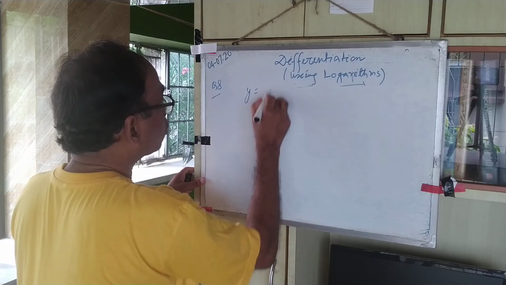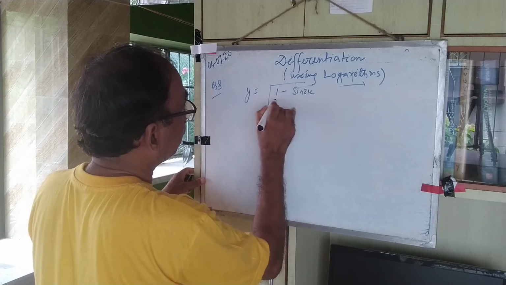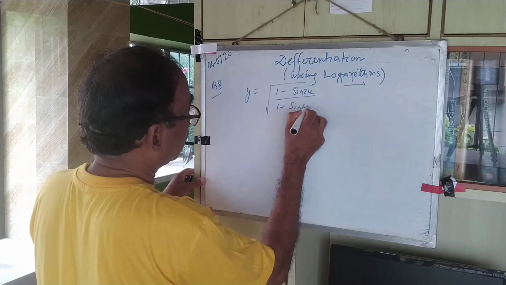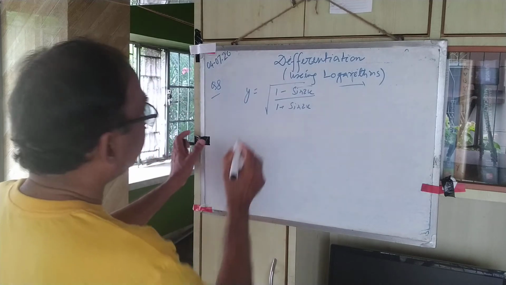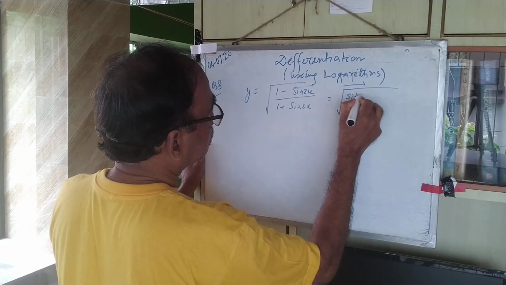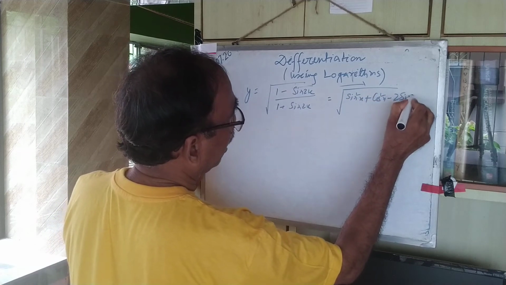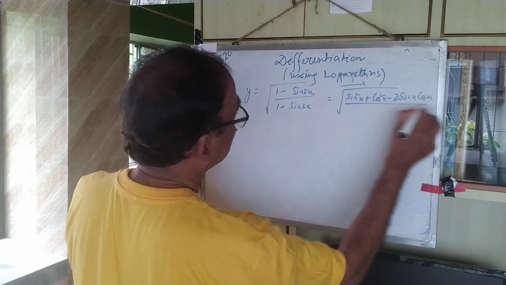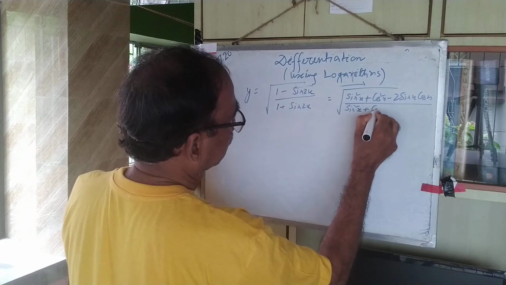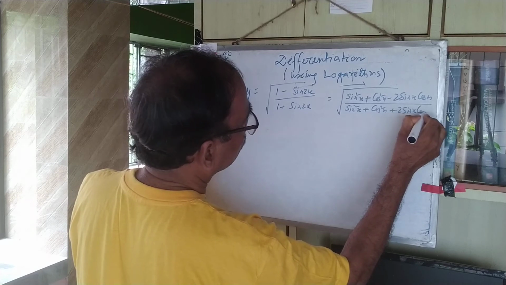Y equals square root of (1 minus sin 2x) by (1 plus sin 2x). We can write this as sin square x plus cos square x minus 2 sin x cos x, over sin square x plus cos square x plus 2 sin x cos x.